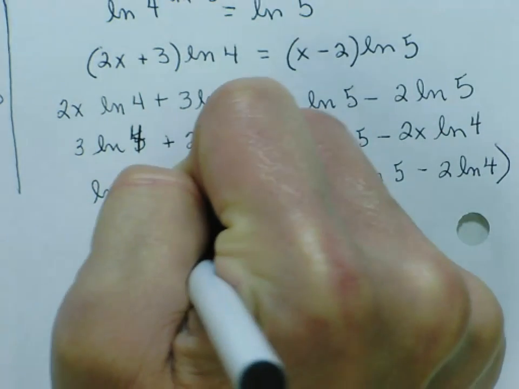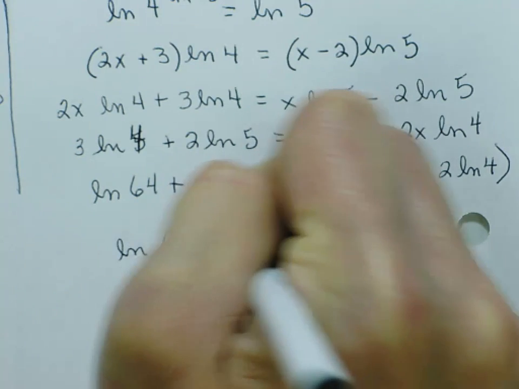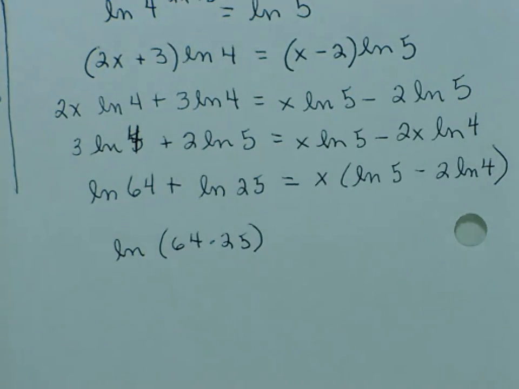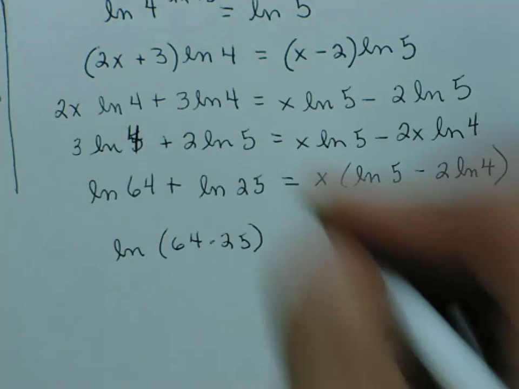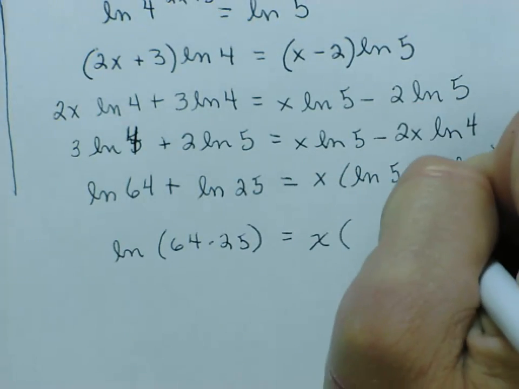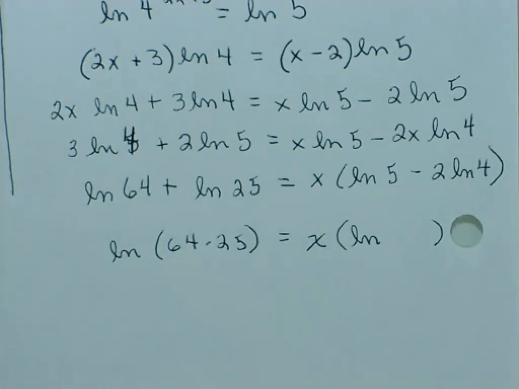Natural log of 64 times 25. And what would this stuff inside parentheses be if I wrote it as a single logarithm? 5 over 16. Good.